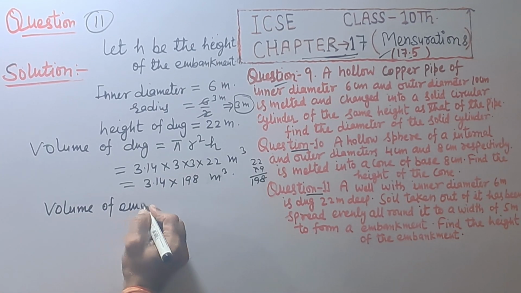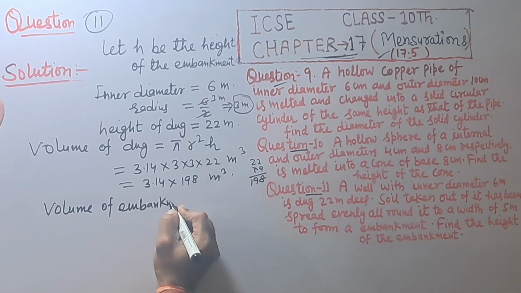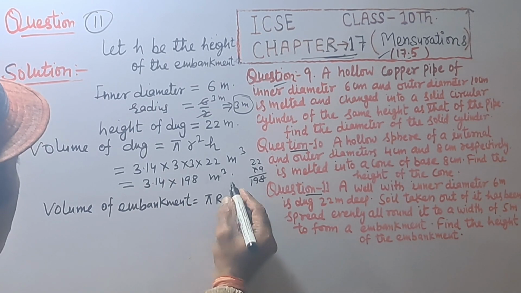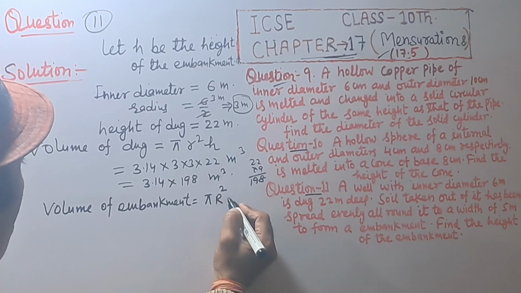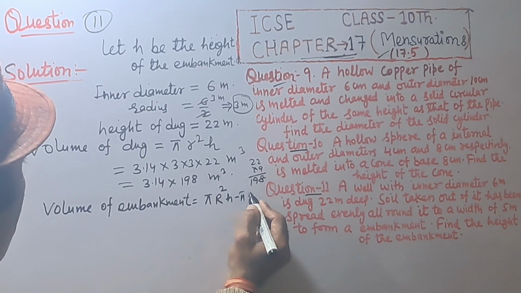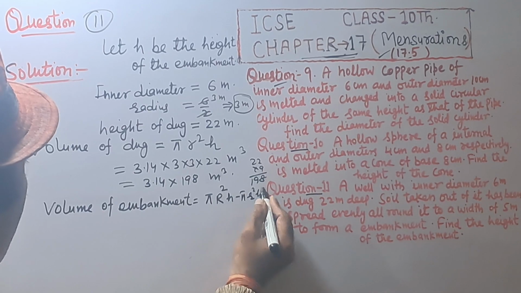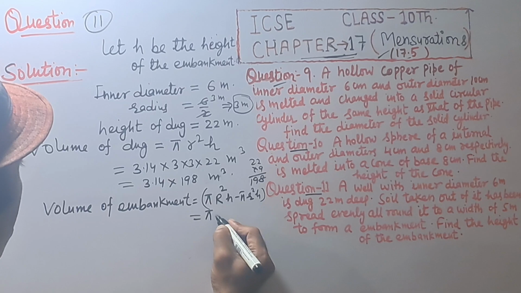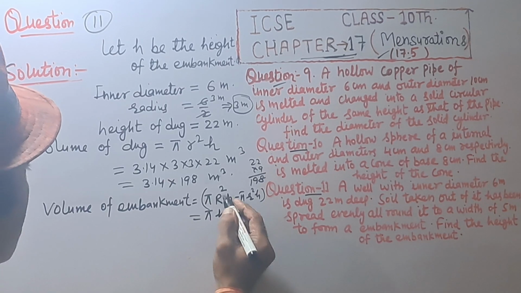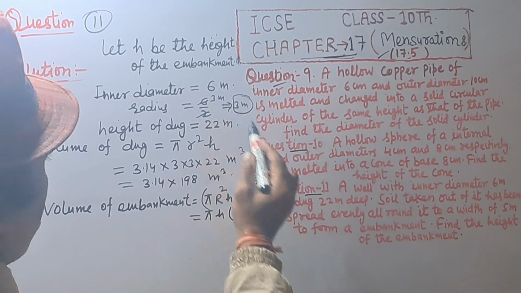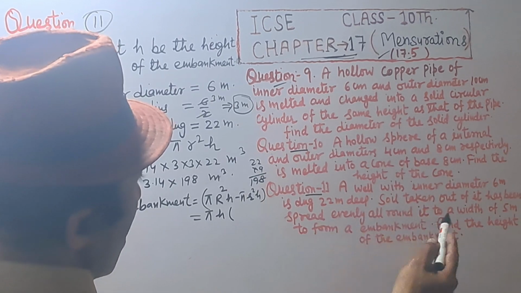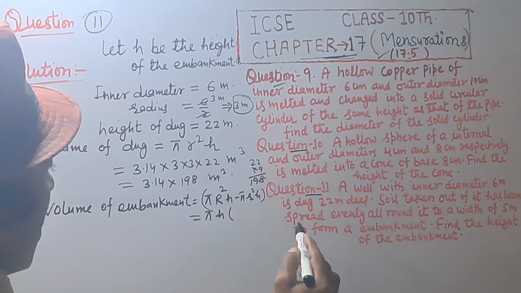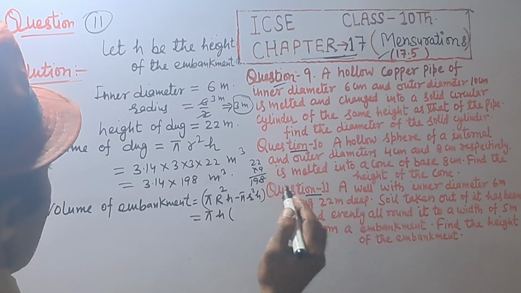Volume of embankment equal to pi capital R square h minus pi small r square h, that is pi h is common, and it is spread to a width of 5 meter to form an embankment.